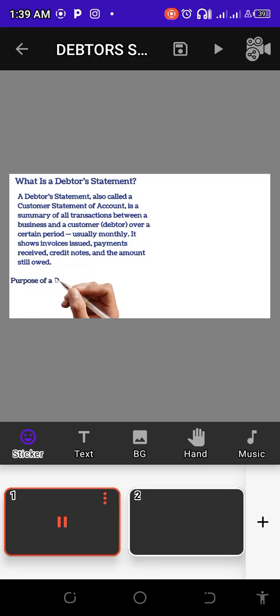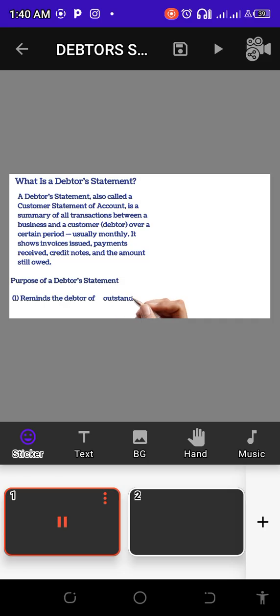That is to say, it reminds the debtor that this is the amount you are owing me from this period to this period. Secondly, it assists in credit control.